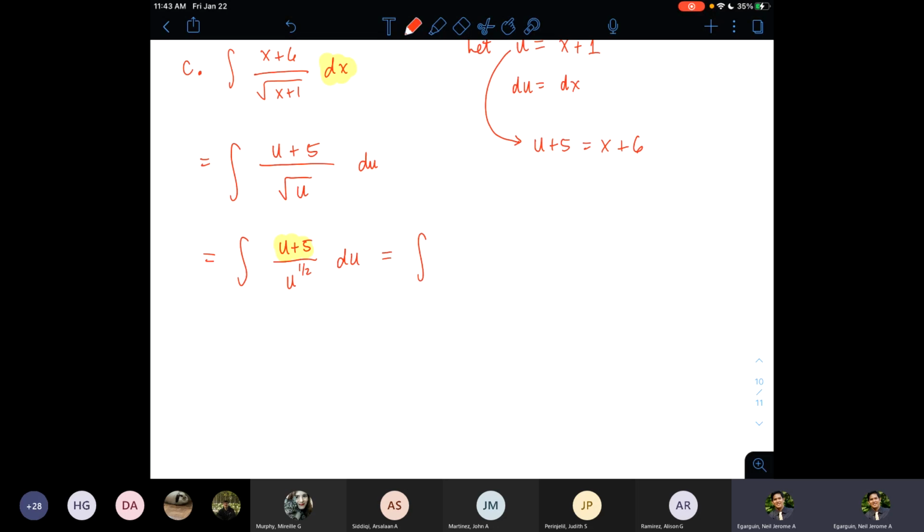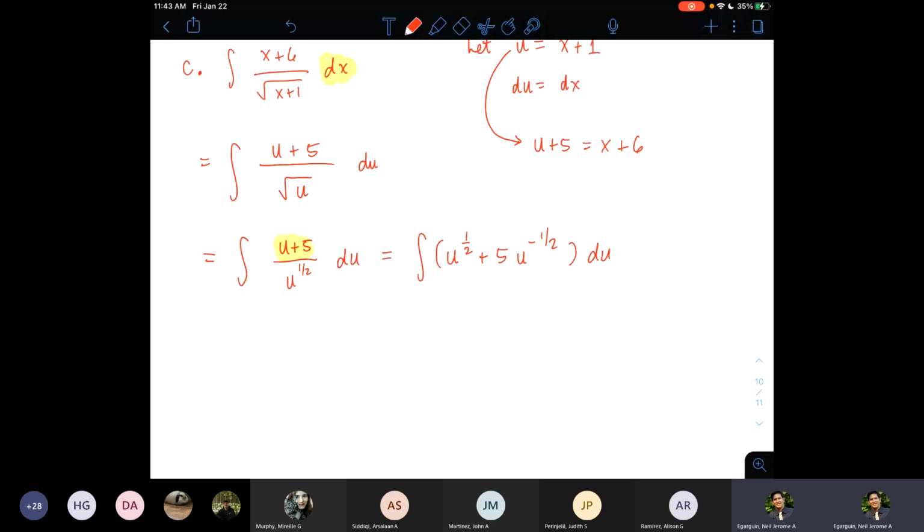So basically what will happen is I'll have u to the 1/2 plus 5u to the negative 1/2 du. Is this step clear? So what happened here is I divided both terms by u to the 1/2. So u divided by u to the 1/2 is u to the 1/2. 5 divided by u to the 1/2 is 5u to the negative 1/2.